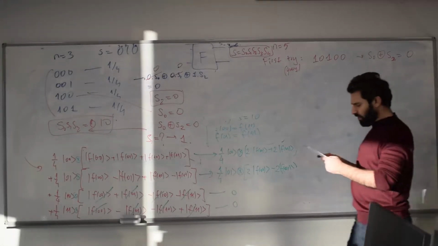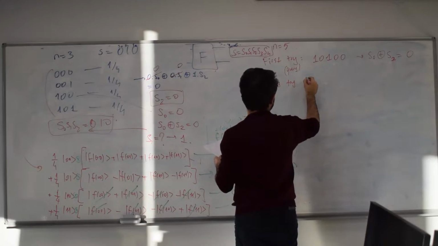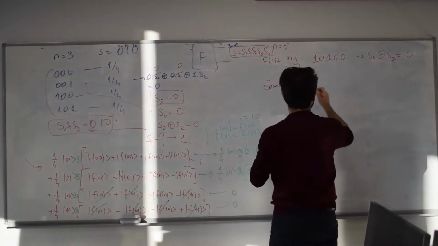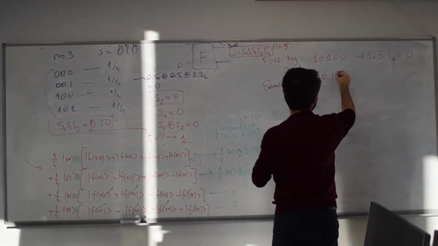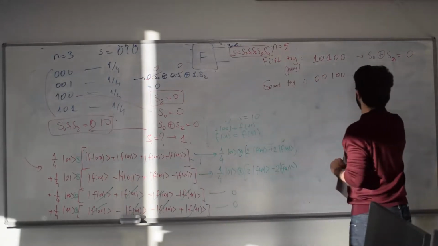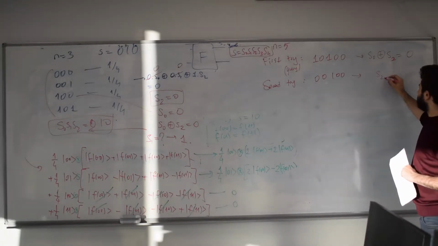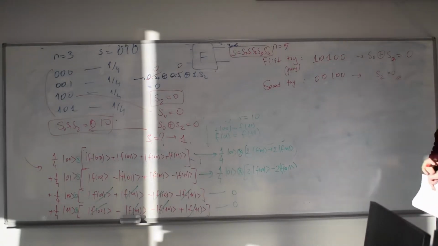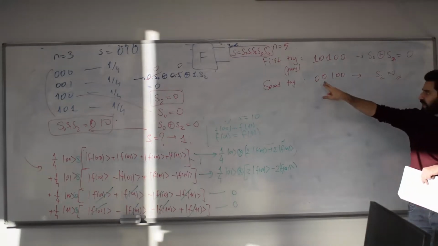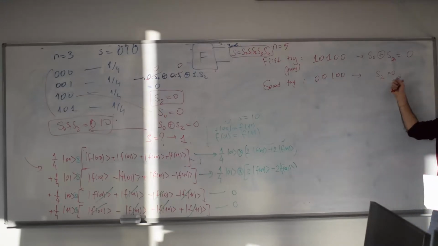Now the second try, or second query. Let's suppose that I got 0, 0, 1, 0, 0. That means I have S0, S1, S2, and since there's only one 1, S2 is 0.